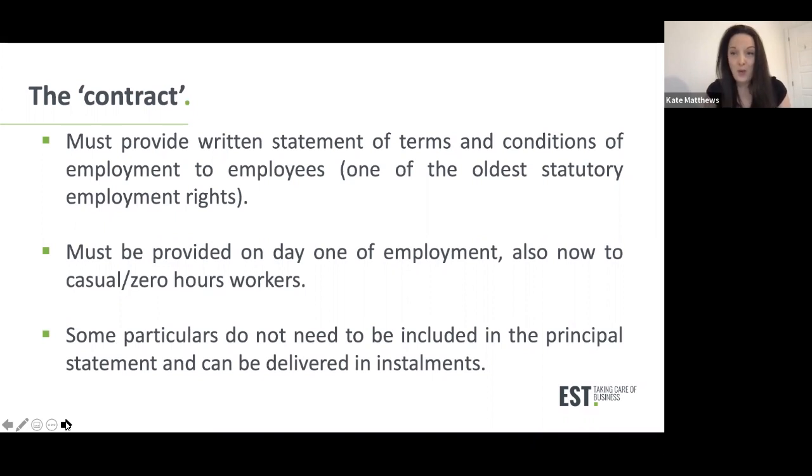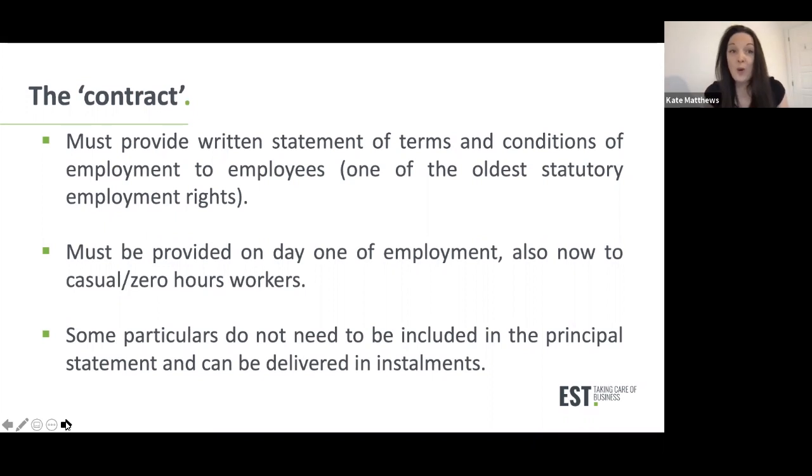So it's really important that ideally before somebody even joins you, because they should have the opportunity to see the full terms before they come on board, but certainly no later than their first day, you need to be providing them with their employment contract.